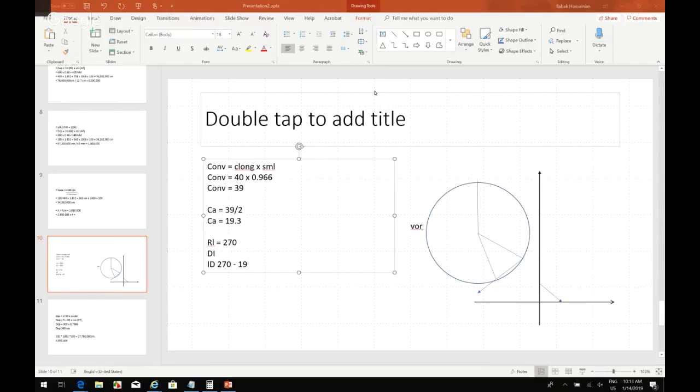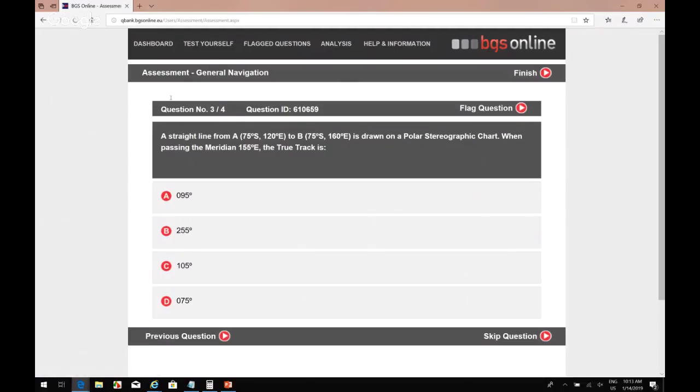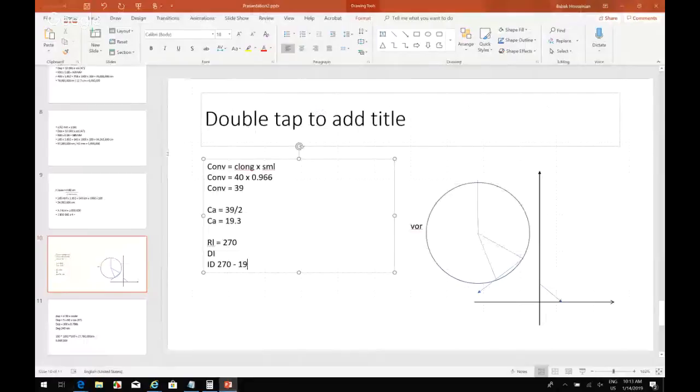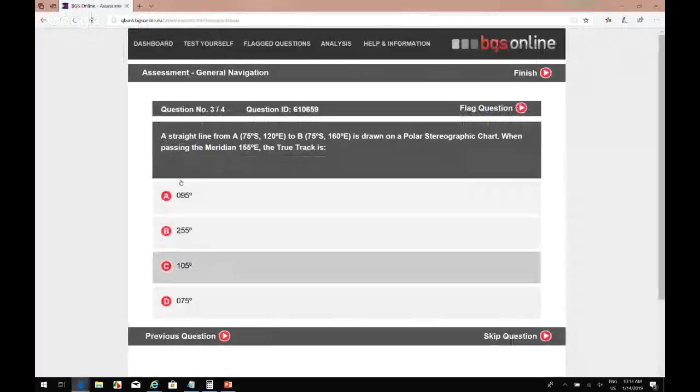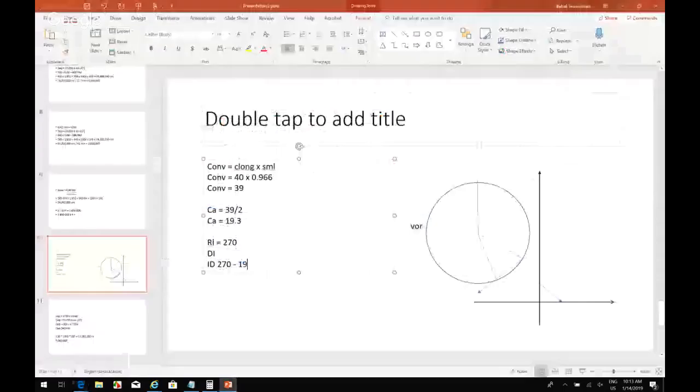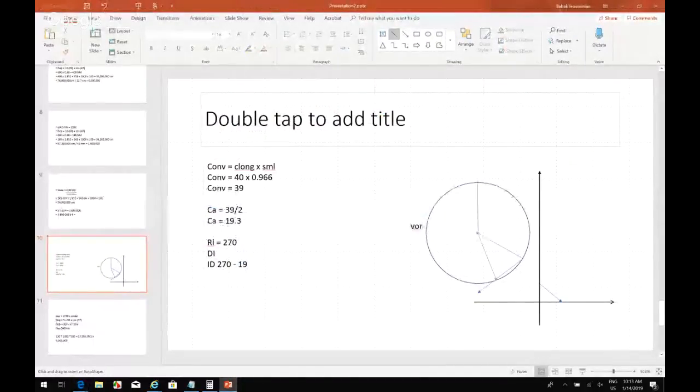What's the question asking? When passing 155. So it's going to be. Okay. It'll be more than 270, isn't it? There's nothing there that's more than 270. At 155, the true track. If this is 155, let's say that's 155.